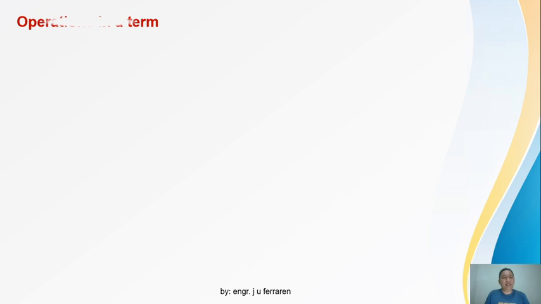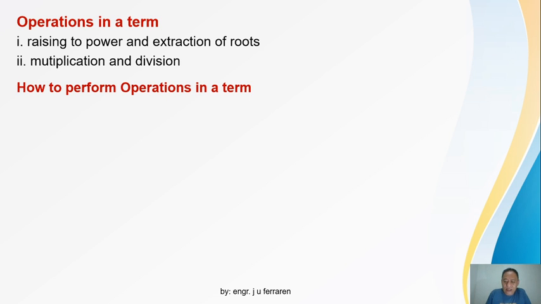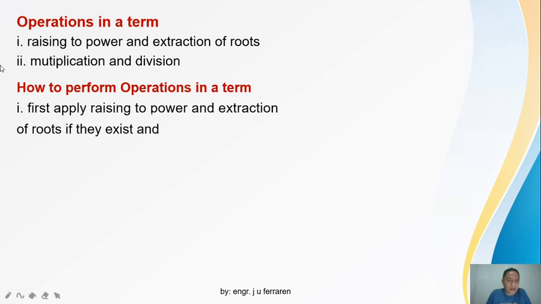Now, what are the operations in a term, to recall? The operations in a term can be raising to power and extraction of roots, and then there is also multiplication and division. Now, how do we perform these operations if they are found within a term? First, you have to apply raising to power and extraction of roots.